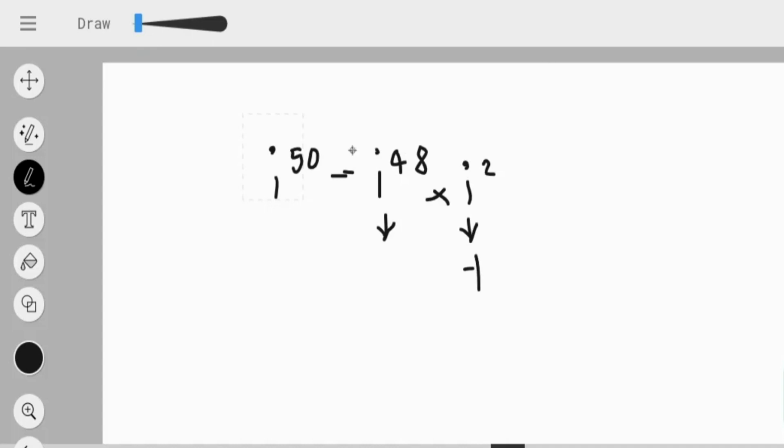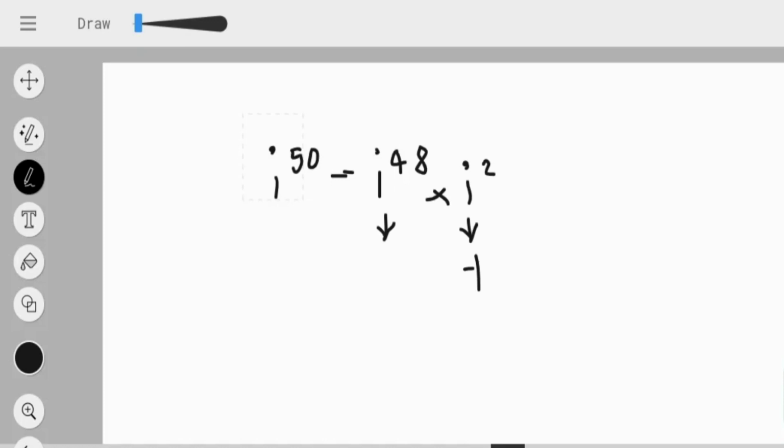And then for 48, let me tell you something. 48 is a multiple of 4. How do I know that? Because I passed the 6th grade. Or did I? Anyways, so it's a multiple of 4, right? And what we know is that any multiple of 4 equals 1.